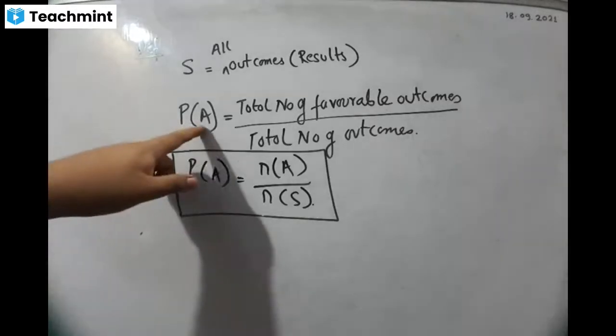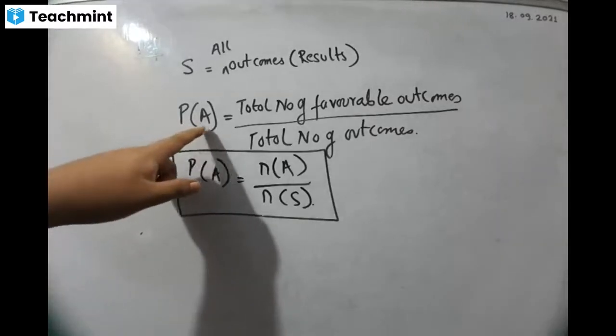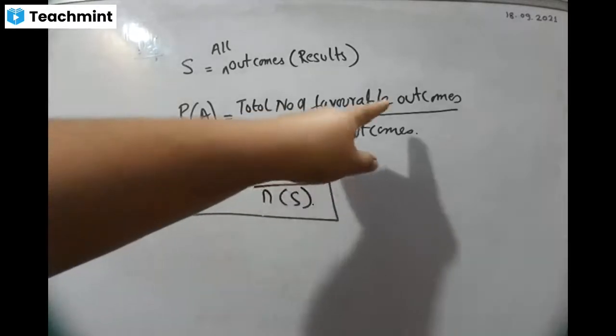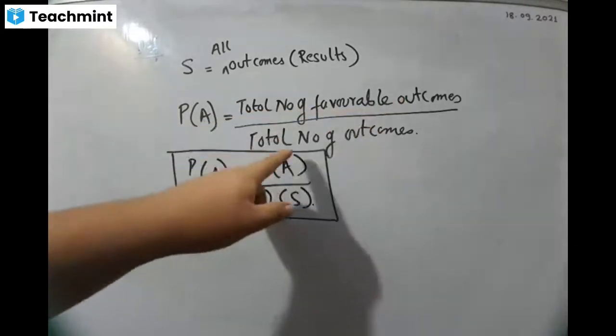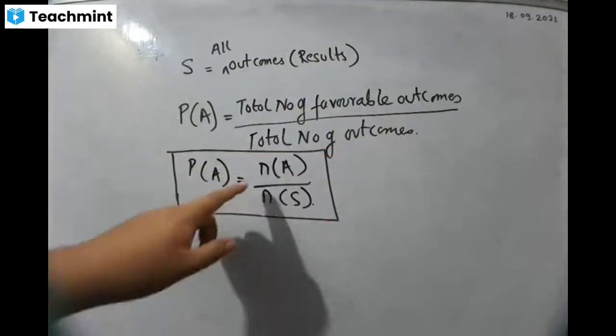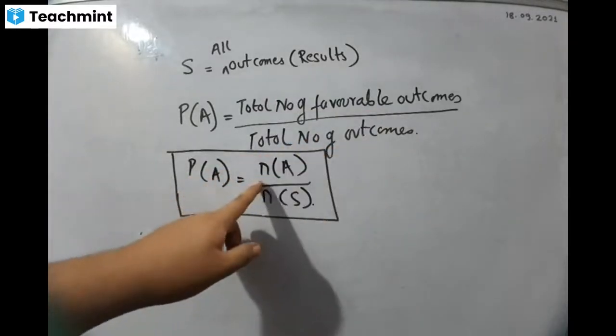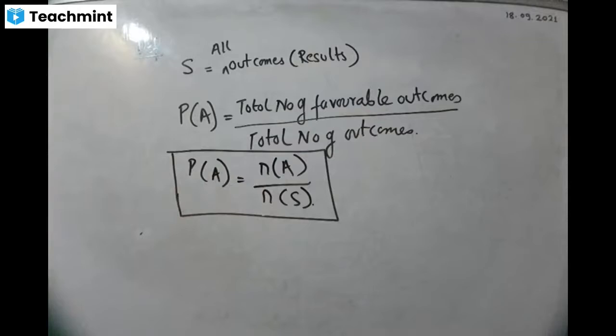Then the probability of A, denoted by capital P open bracket A, is equal to the total number of favorable outcomes divided by total number of outcomes, that is, P of A equals n of A divided by n of S. Please copy this fast.